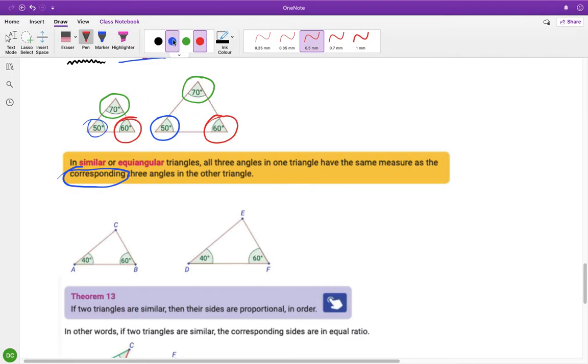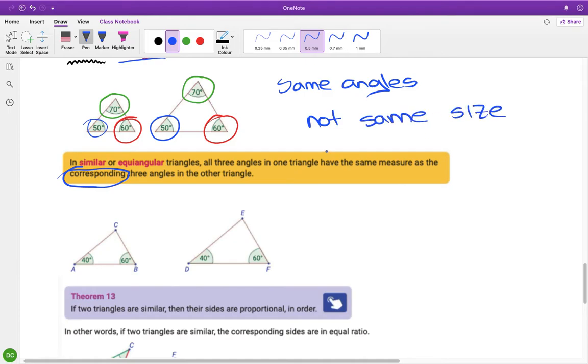One thing you should note about similar or equiangular triangles is that while they do have the same angles, and they must have the same angles, they are not the same size. Generally speaking, one is an enlargement of the other.